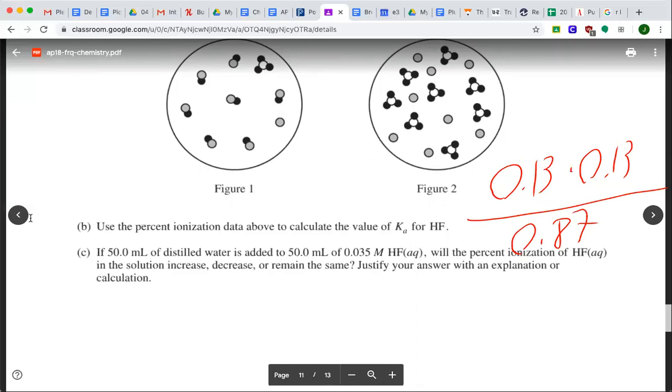So 0.13 squared divided by 0.87. That's going to be 1.2, so you get 1.2 times 10 to the negative second. Okay, that's what I get. Let's double check that.